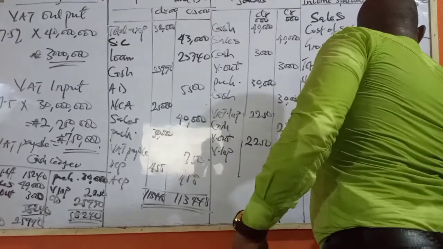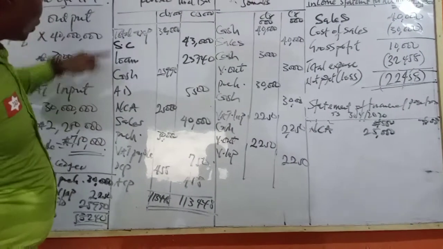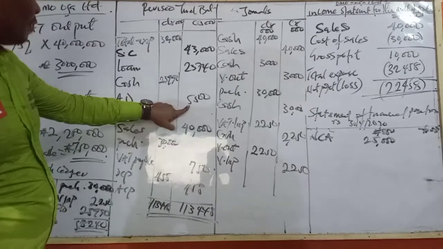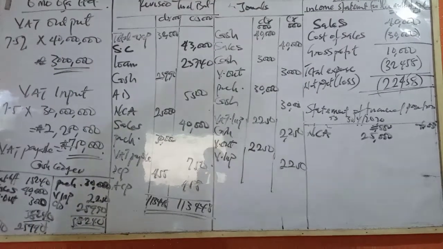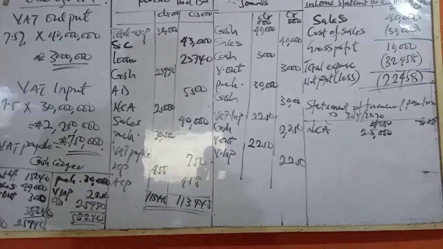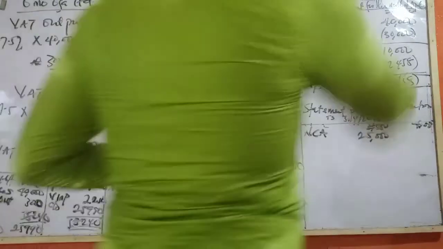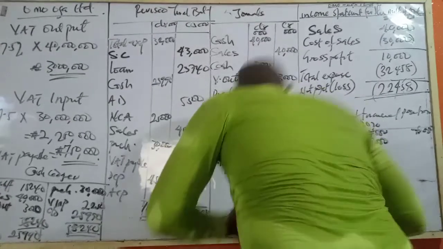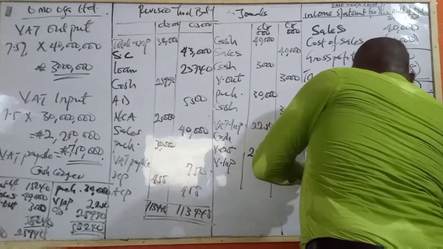Accumulated depreciation here will be 5,500,000 plus 458, so we have 5,958.